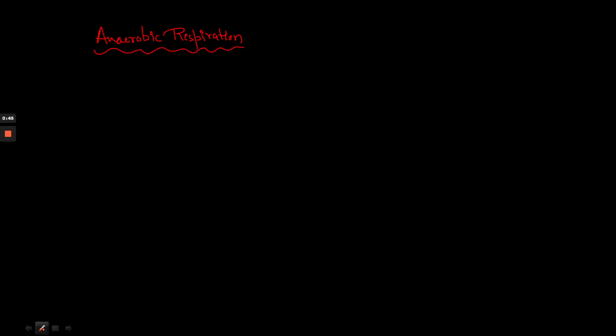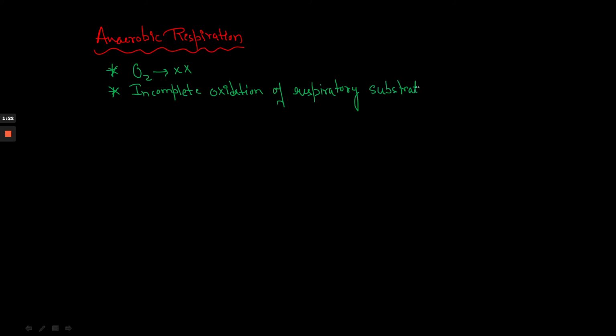So anaerobic respiration, the first thing that comes to our mind when we talk about it is that it occurs in the absence of oxygen. So there is no oxygen in the environment, and also it is the one where incomplete oxidation of respiratory substrate takes place, right?